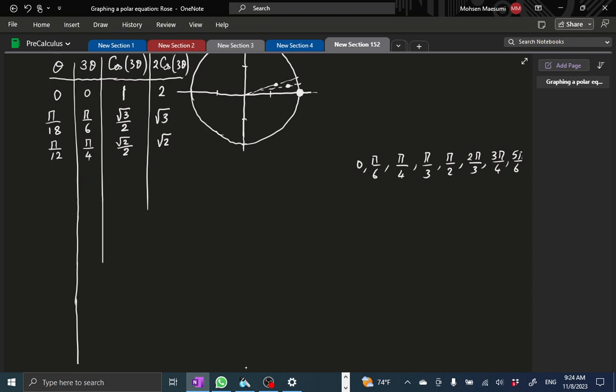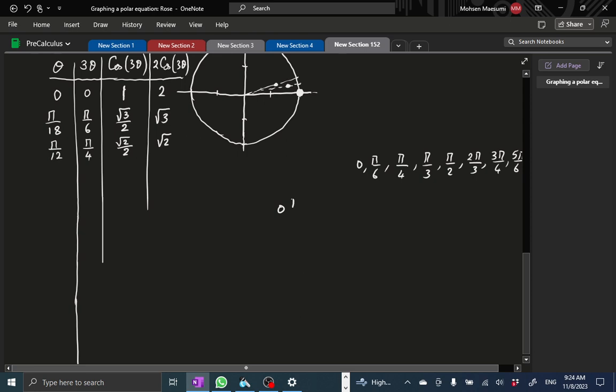I take these numbers and divide them by 3. So let me write here so I don't run out of room: 0, pi over 18, pi over 12, pi over 9, pi over 6.